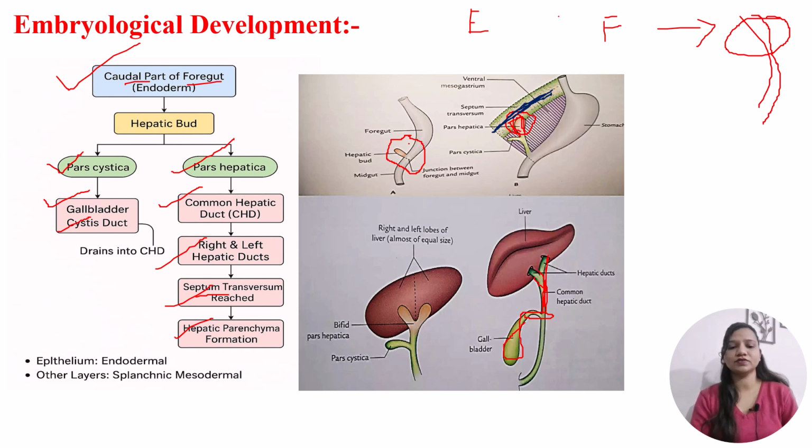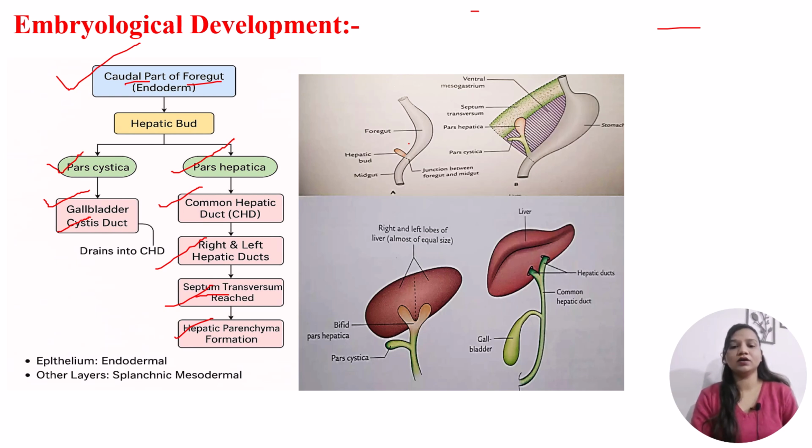Okay, so we have discussed the embryological development of the extrahepatic biliary apparatus. Firstly, it develops from the caudal part of the foregut, the lower part of the upper part of the primitive gut tube.